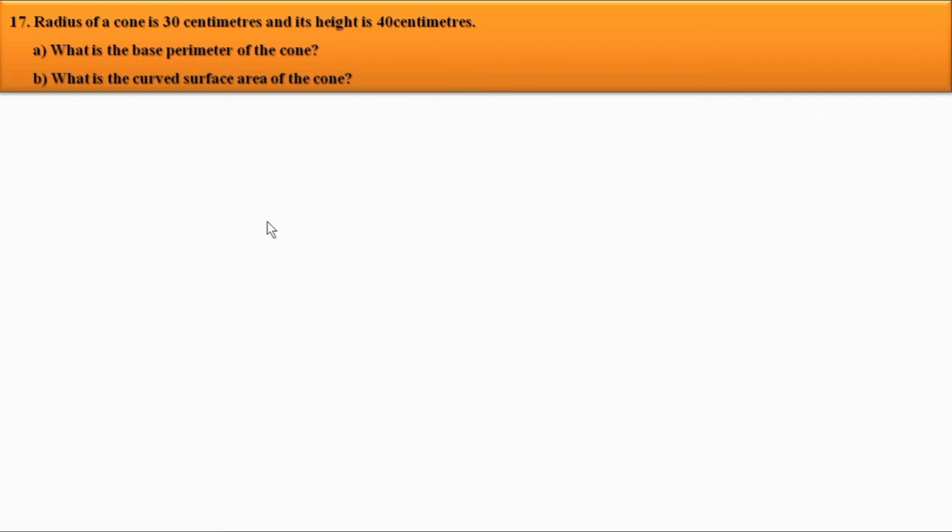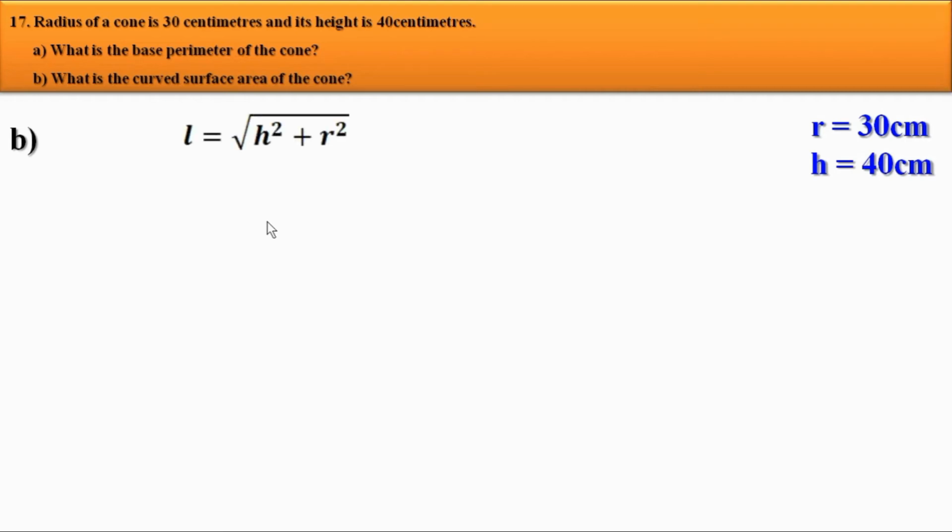Now we have to find the curved surface area. Curved surface area equal to pi rl. So we need to find L at first. We know L equal to root of h square plus r square. Here h is 40 and r is 30. Therefore, that is equal to root of 40 square plus 30 square.